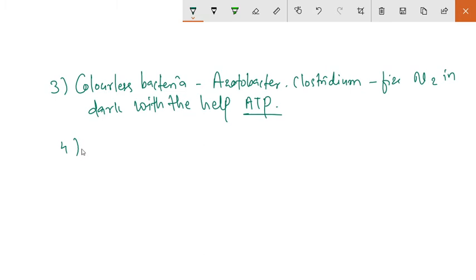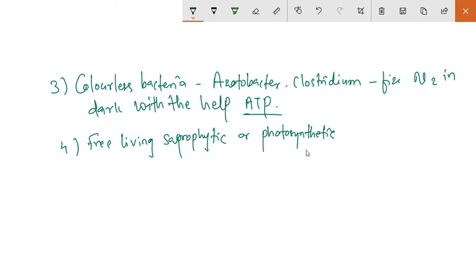Okay, free living saprophytic or photosynthetic soil inhabiting bacteria, किंवा ज्याला सायनोबॅक्टेरिया किंवा अनएरोबिक वगैरे असं त्या ठिकाणी म्हणतात. ओके, सो free living saprophytic or photosynthetic soil inhabiting bacteria.